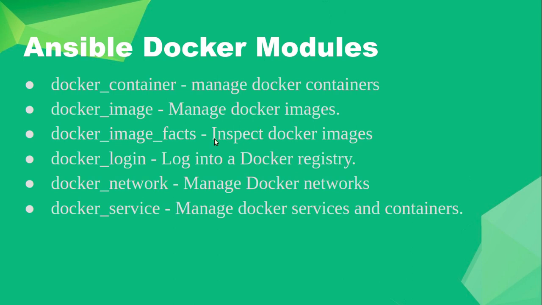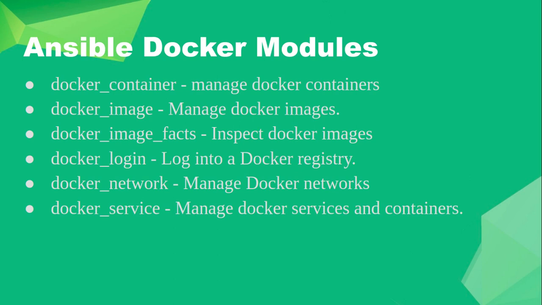Okay, now the next module that we have is Docker service. Why do we use a Docker service? Because if you want to expose your application running inside the container to the external world, we need to create a service. Through this service we can expose our application from the container on some port, and then that port we can map to the host machine.